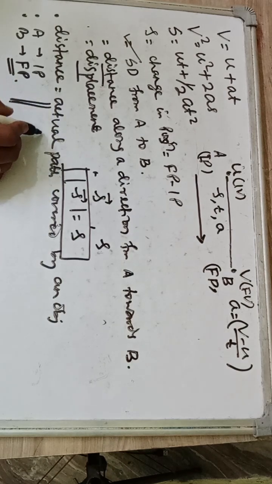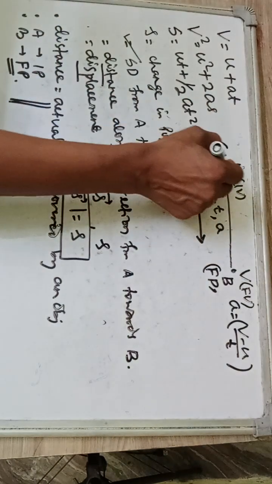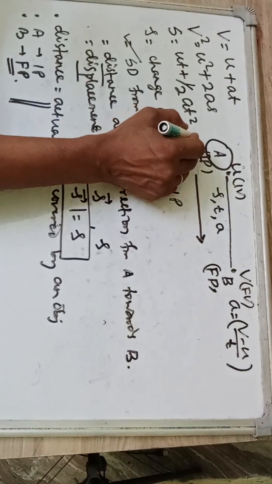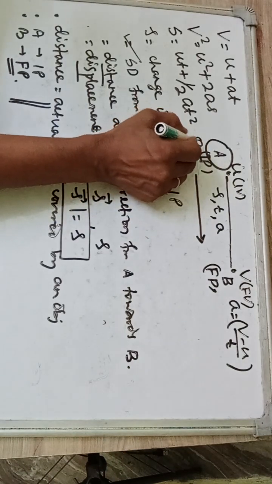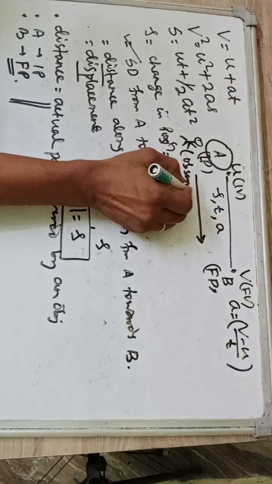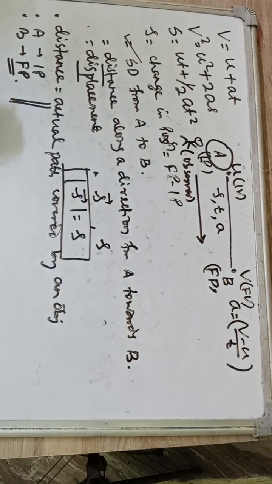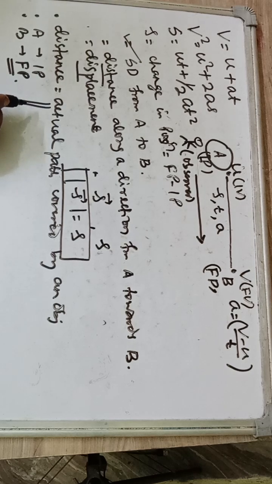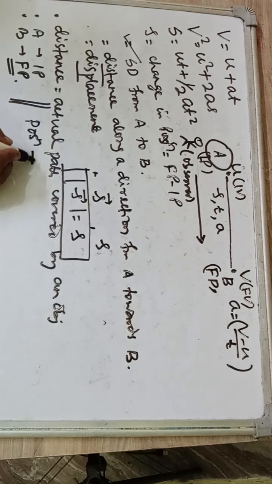Whereas position says, suppose A and somebody is observing here. This is the observer. So for the observer, the object is initially at A, then the initial position of the object is at A. So that means position is a reference term.